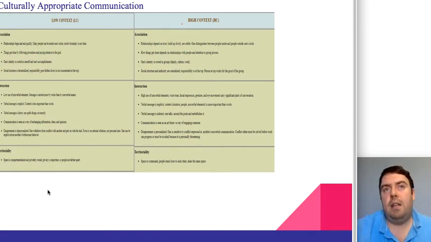However, in high context cultures, in Latin American, Middle Eastern, African, Asian cultures, many times that personal space is viewed as communal, where people sit closer together. They don't always adhere to 3 to 6 feet distance. They share space, and so that's important to remember.